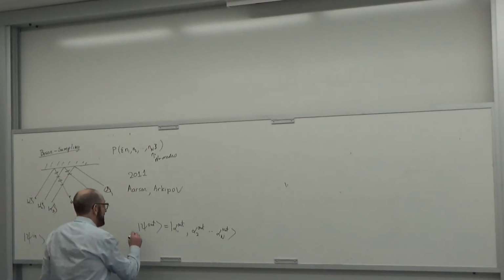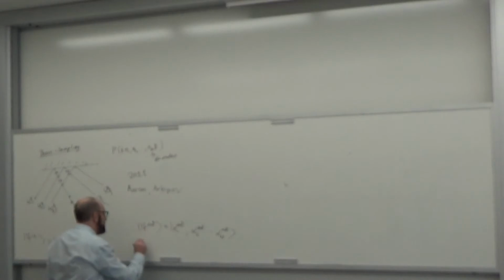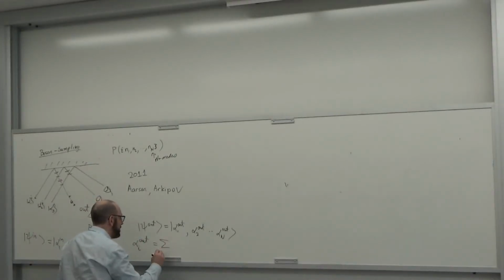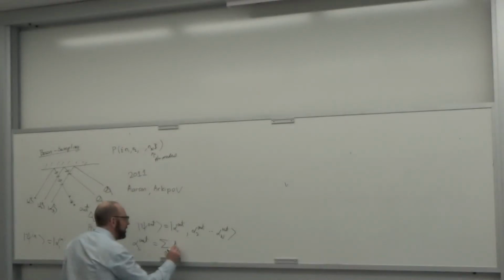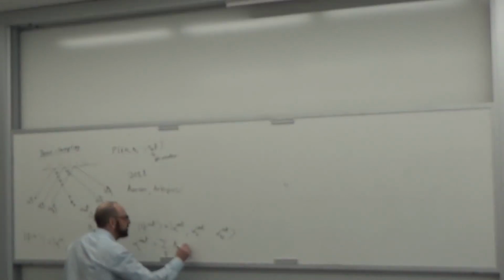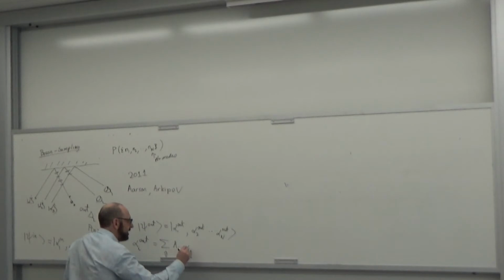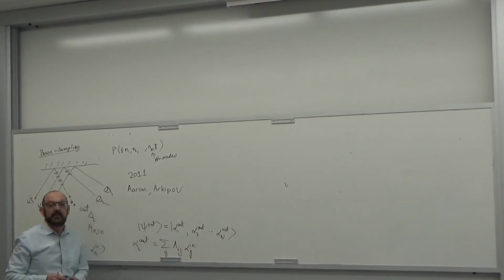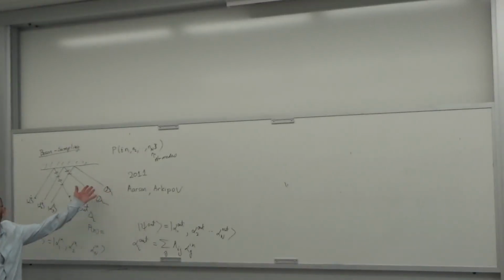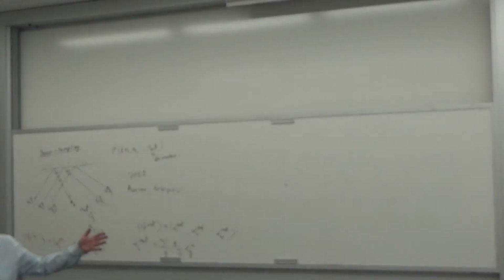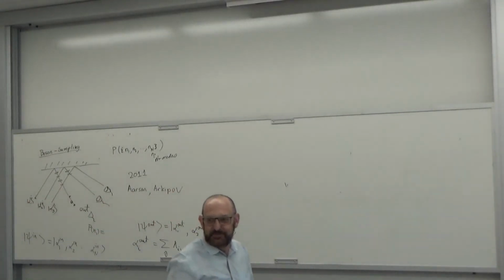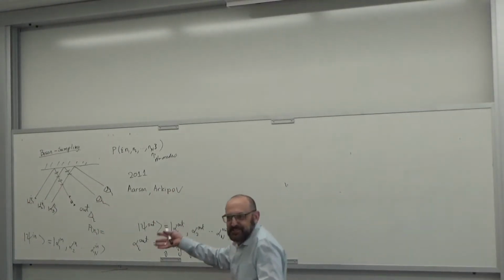We had that alpha_i out was equal to the sum over the modes, and this is just the classical matrix that we would have with the transmission, and this is some matrix that tells me everything about the beam splitter. It's an n by n matrix, right? So it's efficient to calculate.